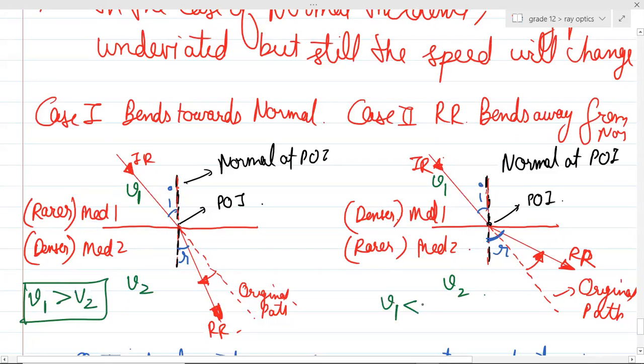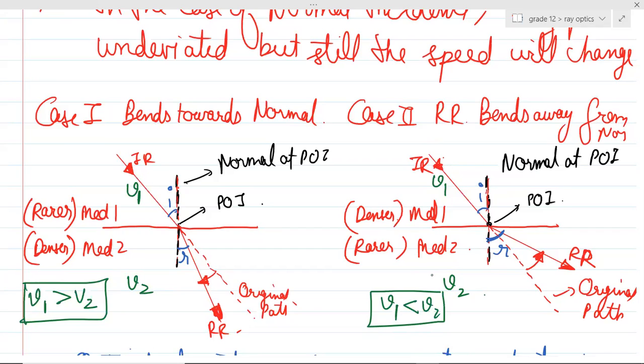So here v1 will be less than v2, right? Is this clear, guys? Always remember, density is related with speed. If more dense, less speed; if less dense, more speed. Clear?